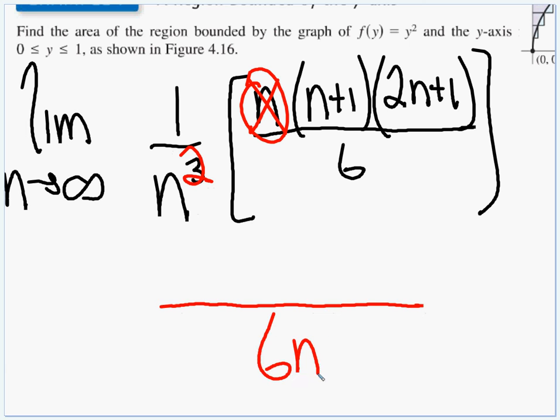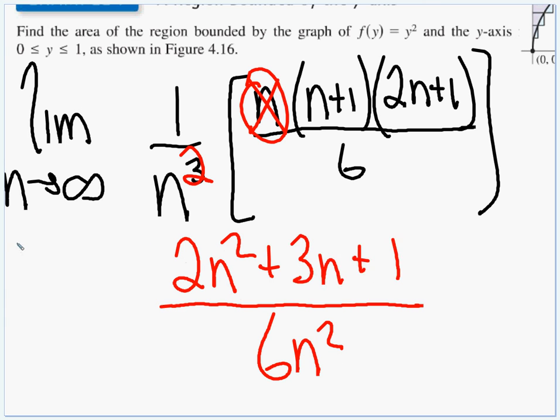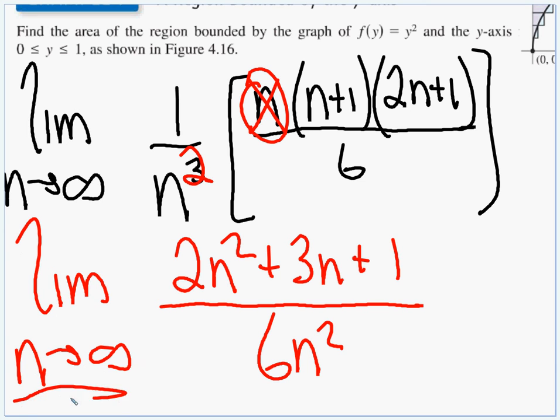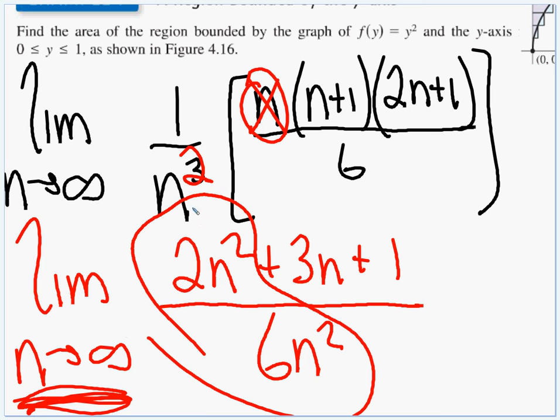So our denominator is going to be a 6n squared, and we FOIL out the numerator: 2n squared plus 3n plus 1. We are ready to send our limit off to infinity. Once again, we have a tie. Cancel the n squareds. Our limit is 1/3. 1/3 square units to find that area between the curve and the y-axis.